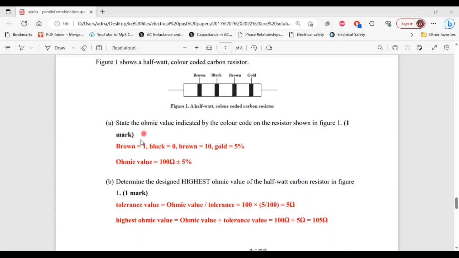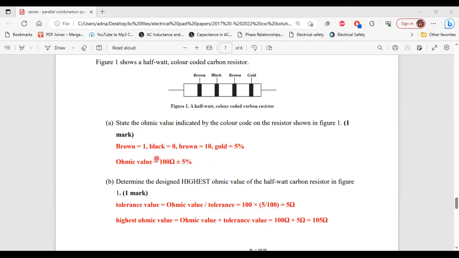All right, so the value of brown is 1. The value of black is 0. The value of brown again, which is the third band, the multiplier, is 10. And the fourth band is gold, which is plus or minus 5%.